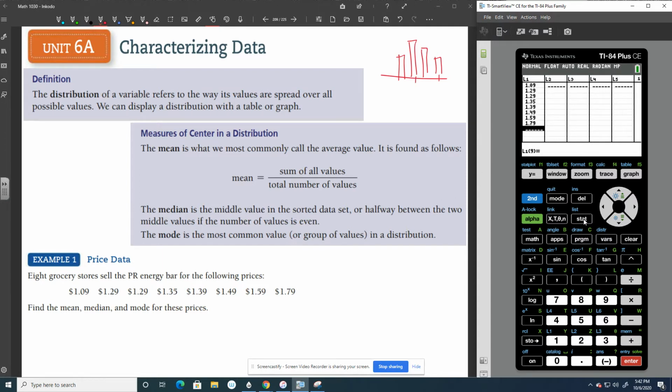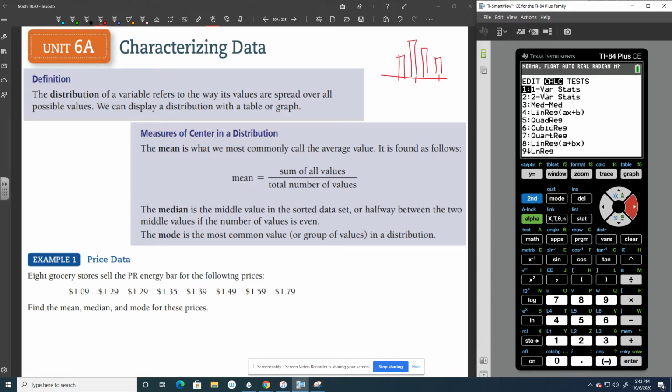So first thing I do is make the list of all my data. Then if I click on stats again and go over to calculate, I want one var stats, and I'm going to hit enter. Then it asks what list I want to use. If you don't have list 1 here automatically, you hit second, and the stat button gives you all the different lists that you can choose from. I want list 1.